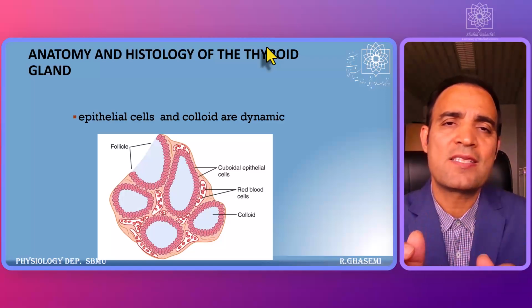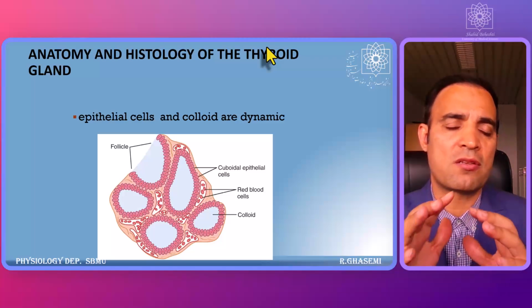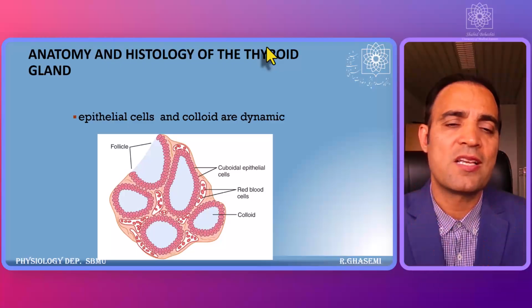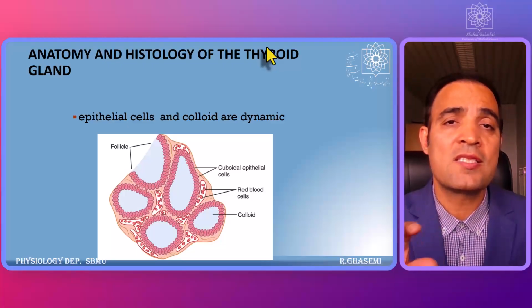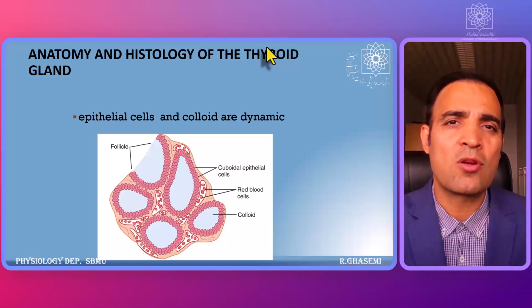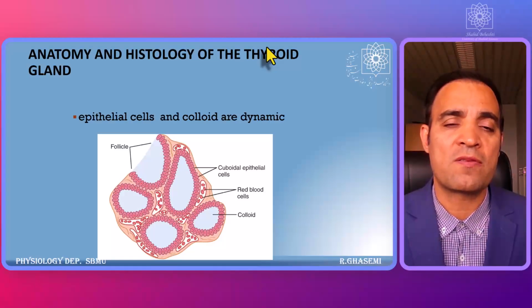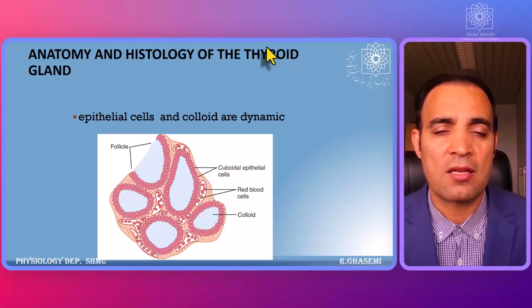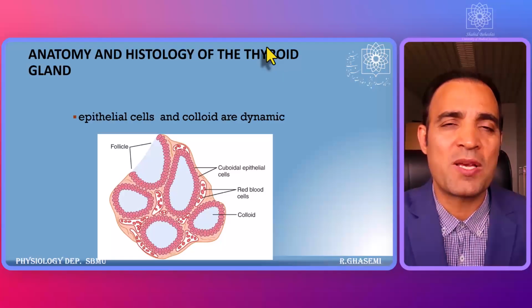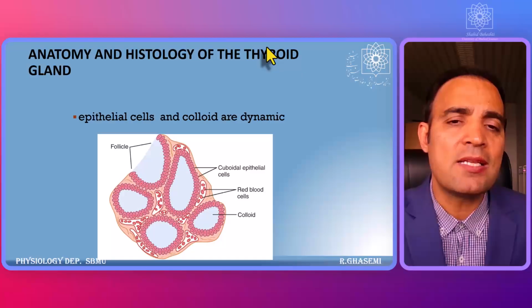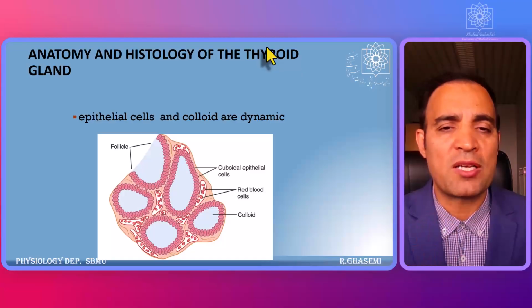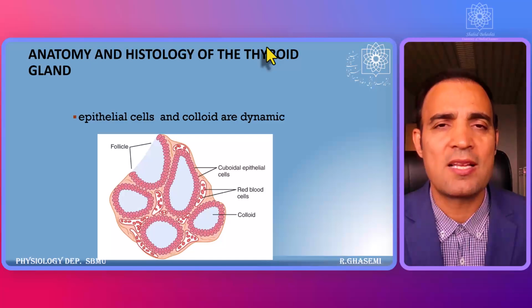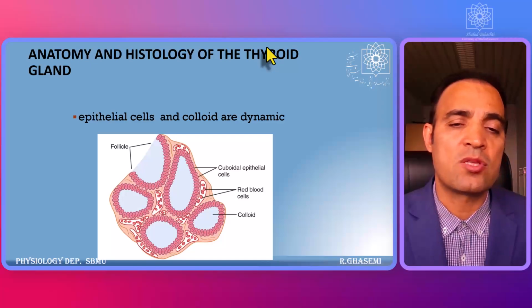In fact, the secretion of the cells is accumulated in these colloid spaces, and this is the place where the thyroid hormones, when they are first produced, are stored, and every time that it is needed, they will be taken up by the cells and then released into the bloodstream.